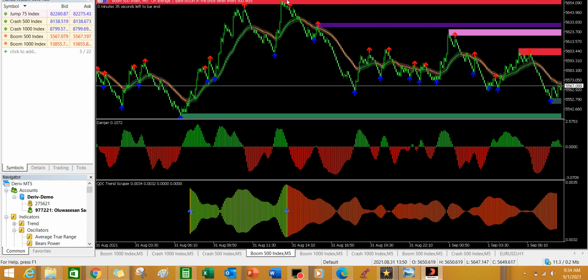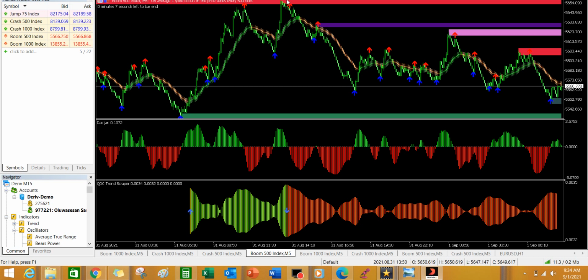Once you are able to identify the trend, we have more spikes happening around the trend that favors the condition for the spike to happen. And what are the conditions? For Boom, spikes should happen within the support region, which means that the market must be in an uptrend at that particular point.